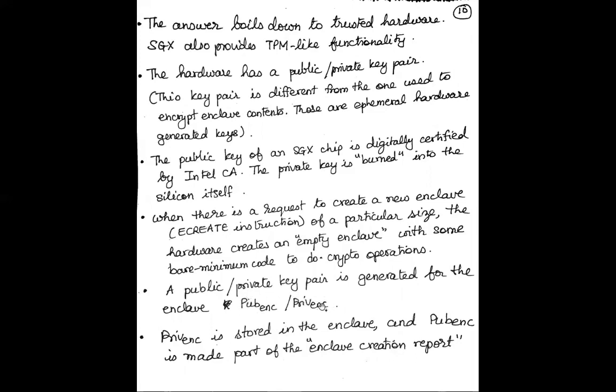The public key is made part of the enclave's creation request report, and the private key is stored within the enclave. And the third is the key that is used to encrypt the enclave contents. That's an ephemeral symmetric key. So three sets of keys I've told you about so far. It's more complex than this if you look at the real implementation, but I'm just giving you these three keys.